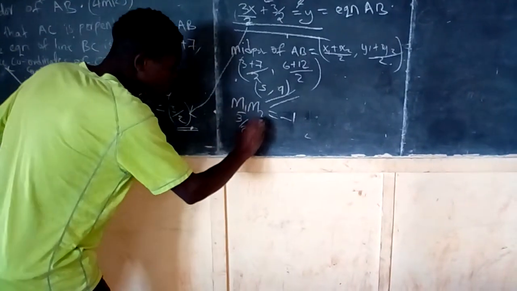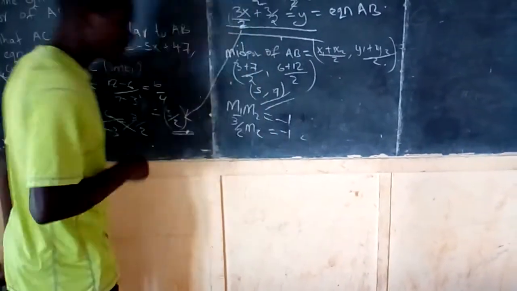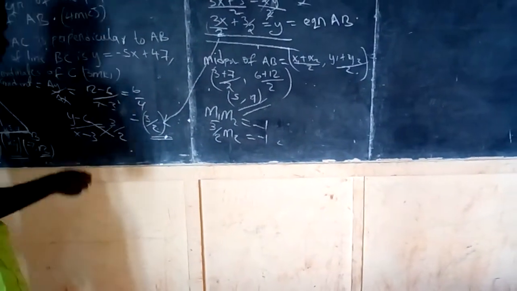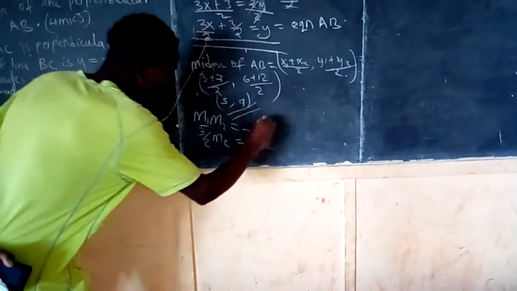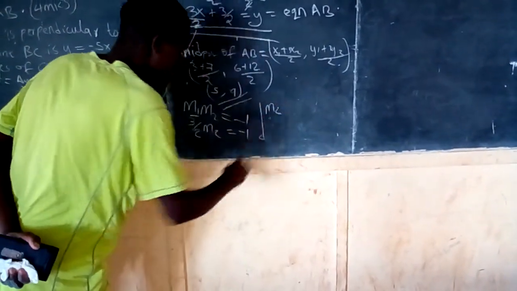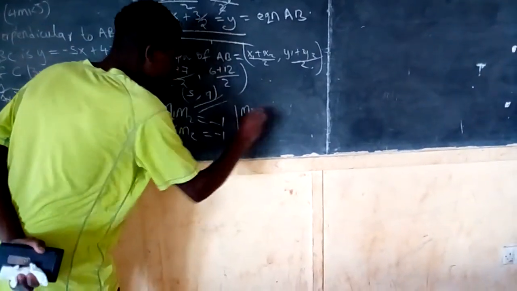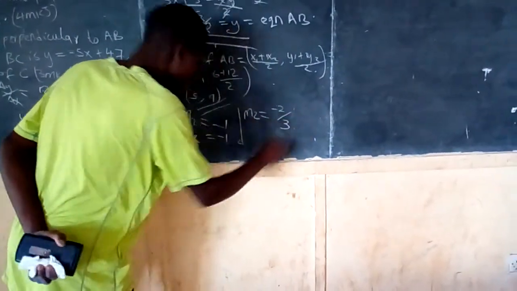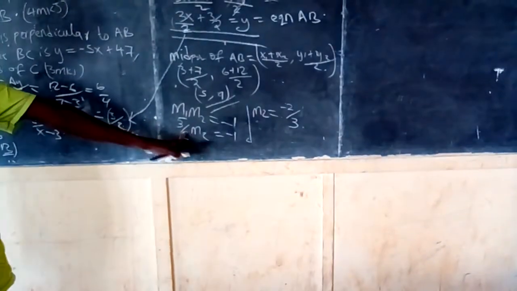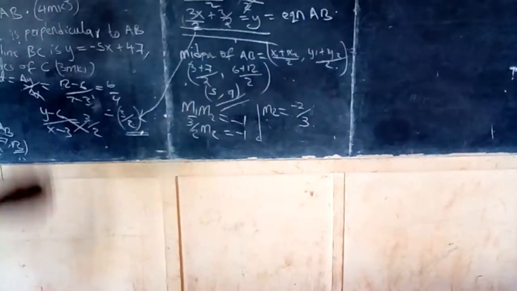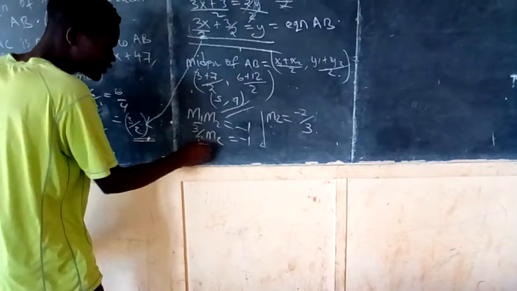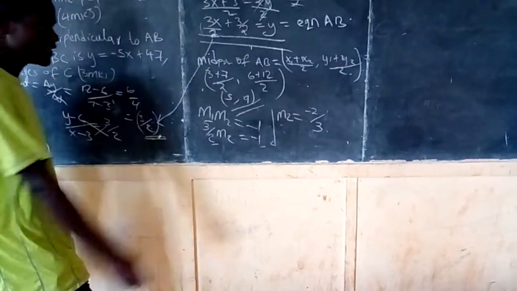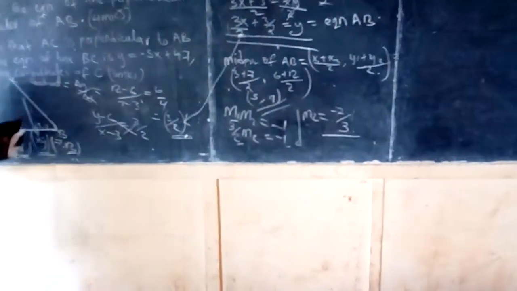Now 3 over 2 times m2 is equal to -1, so m2 is equal to -2 over 3, because I divide -1 by 3 over 2. That is the gradient of this line here.